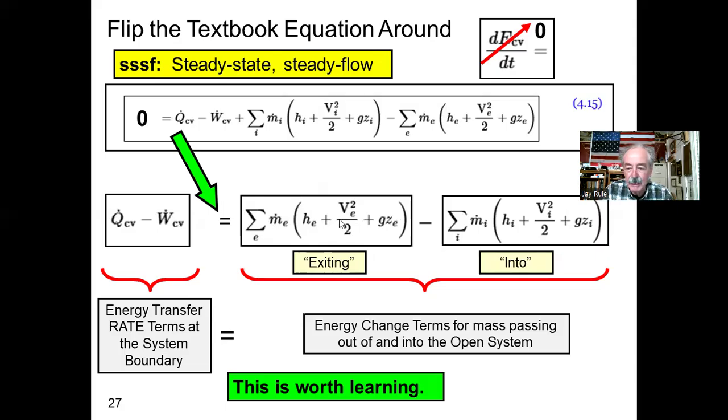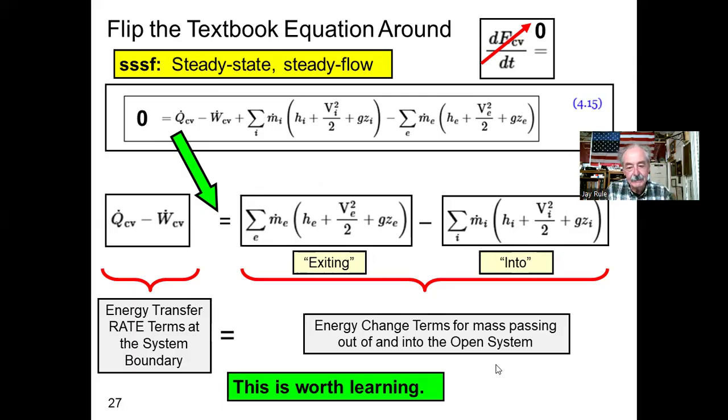That's a big block there, minus what's coming in, the sum of the m dot in, enthalpy in, kinetic energy, and potential energy in. So in the big picture, left-hand side, Q dot in minus W dot out, energy transfer rate terms at the system boundary, equals, right-hand side, energy change terms for mass entering and leaving the open system.